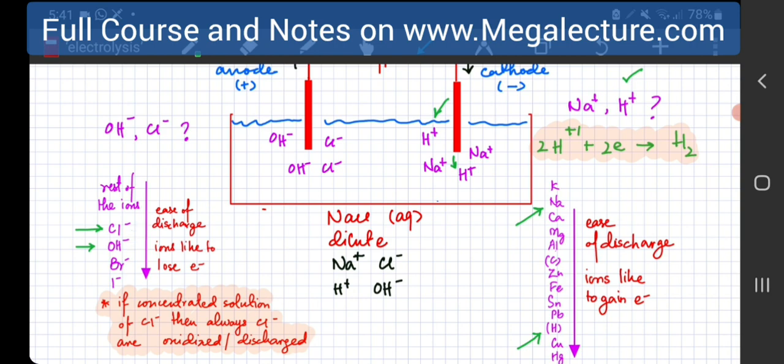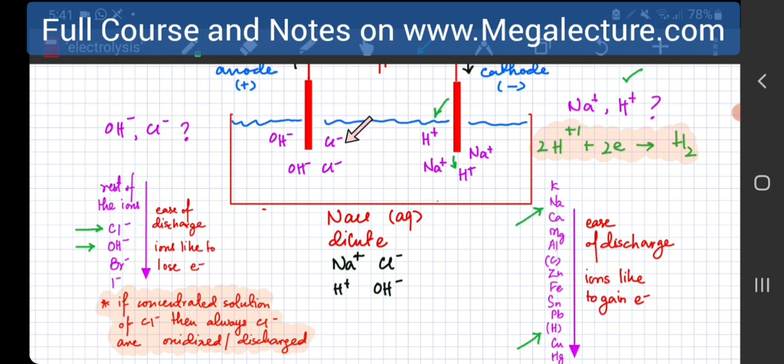Here is OH-, and above that you've got Cl- ions. Now, the ions that are at the bottom are the ones that are more likely to lose electrons. There's an exception, which is for a concentrated solution. Remember, this is not a concentrated solution, so this exception highlighted in red is not applicable in our case. So forget that, ignore that. It's just a simple competition between OH- and Cl- ions. So who's going to lose electrons?